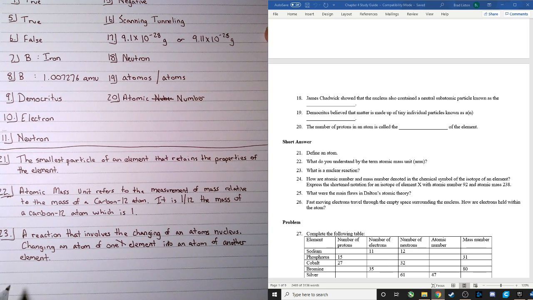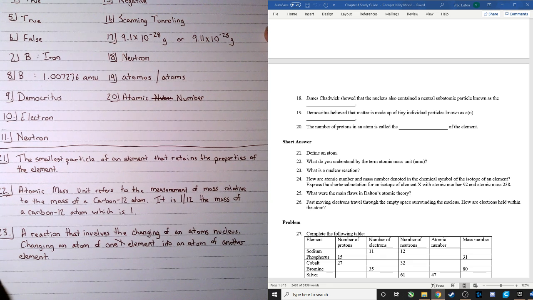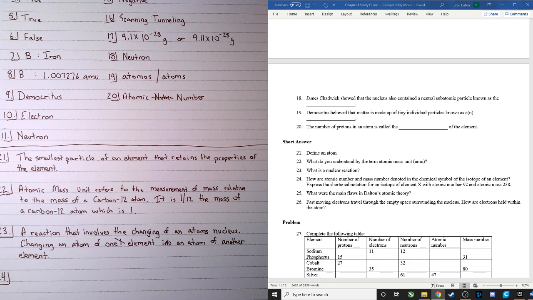The first thing that hasn't been a definition is number 24. So, here we go. 24 says, how are atomic number and mass number denoted in the chemical symbol of the isotope of an element? Express the shortened notation for an isotope of element X with atomic number 92 and atomic mass 238.